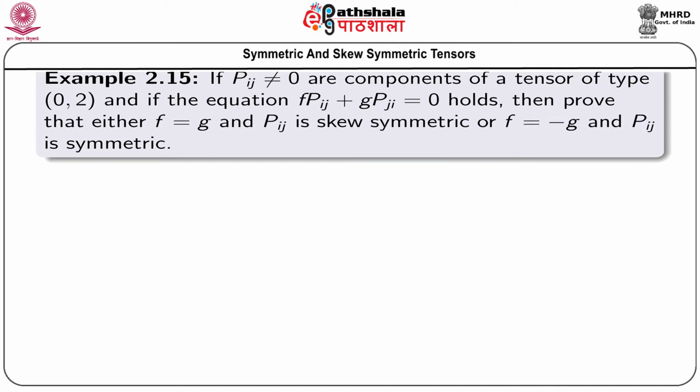Now, let us see an example. If Pij are the components of a non-zero tensor of type 0 2, and if the equation f Pij plus g Pji equals 0 holds, then either f equals g and Pij is skew symmetric, or f equals minus g and Pij is symmetric.